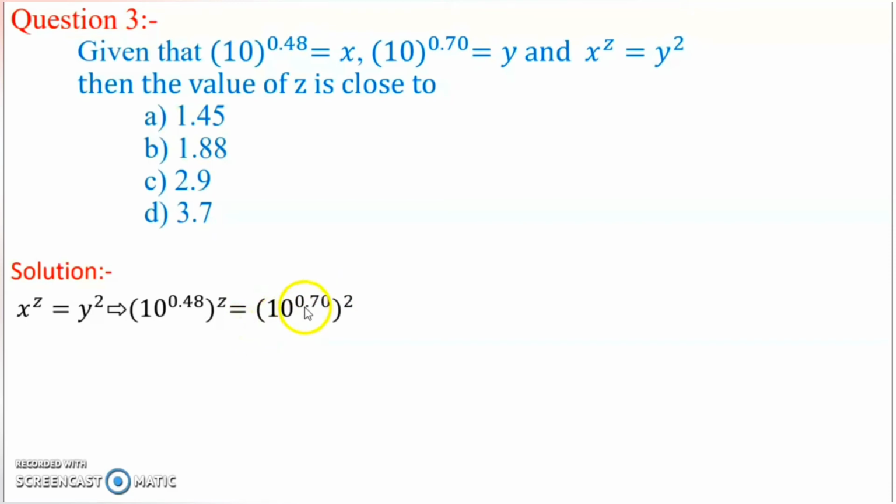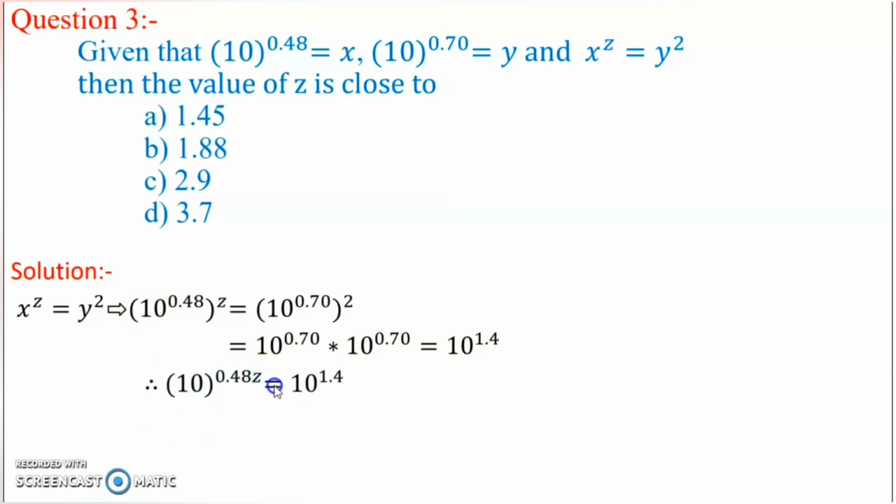Now 10 raised to 0.70 whole square means 10 raised to 0.70 into 10 raised to 0.70, which is nothing but adding these powers you will get this equal to 10 raised to 1.4. Now you have 10 raised to 0.48 z equal to 10 raised to 1.4.